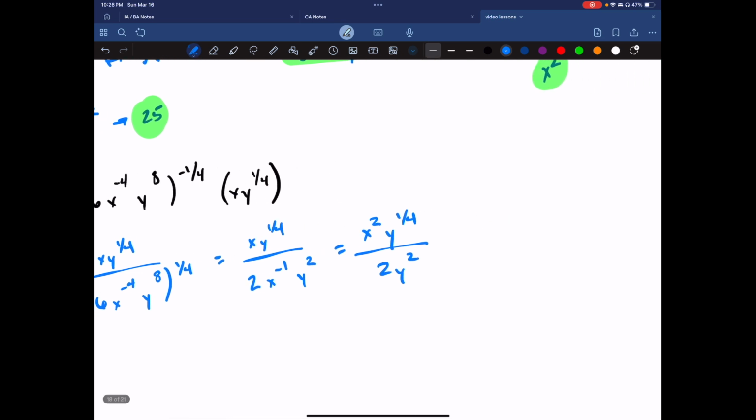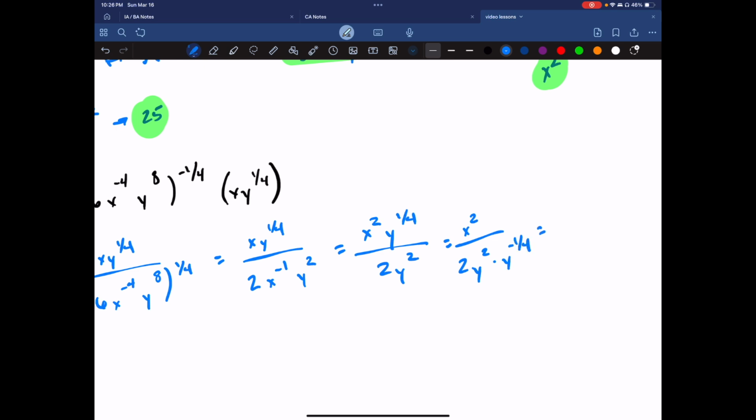I don't need multiple y's. So 2 is bigger than 1/4, so I'm going to rewrite this with the y at the bottom. So this is going to be x squared over 2 y squared times y to the negative 1/4.